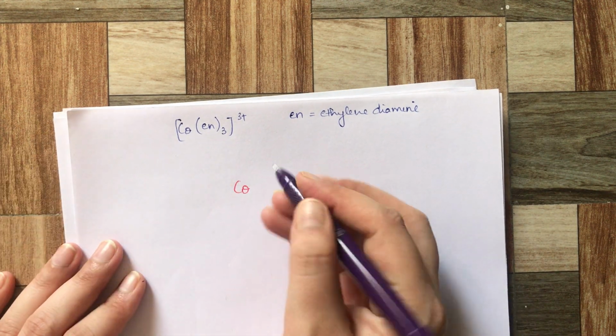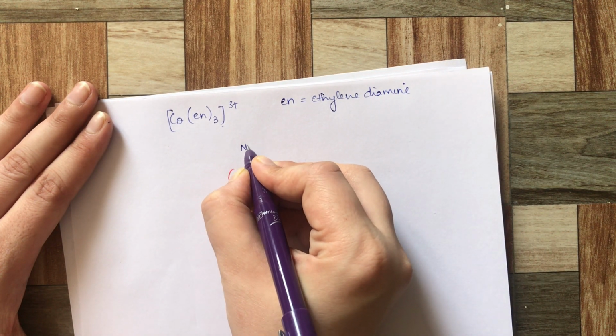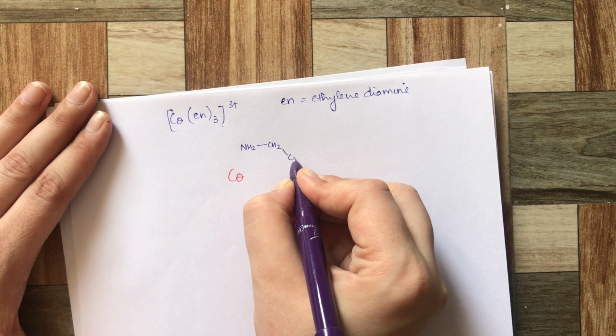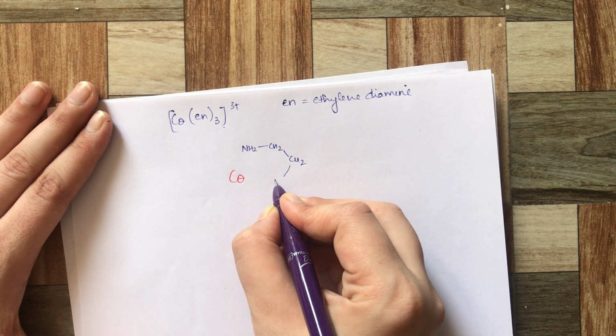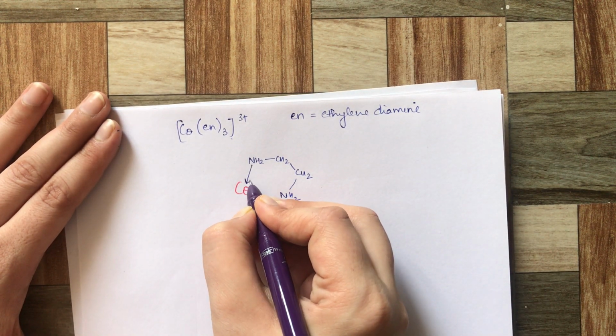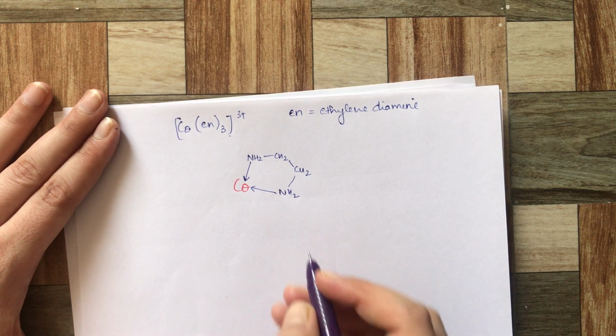Now how are they binding? 3 En, how will they bind? NH2, CH2, CH2, NH2. So here it will form a coordinate bond, here it will form a coordinate bond.